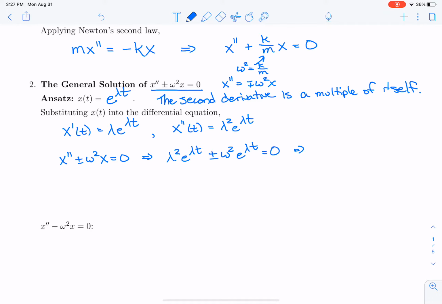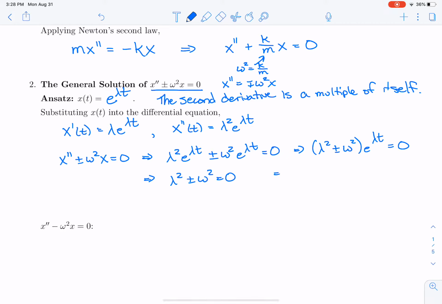Another way to write that is lambda squared plus or minus omega squared, times e to the lambda t, is equal to 0. Now that's only going to equal 0 all the time if lambda squared plus or minus omega squared is equal to 0.